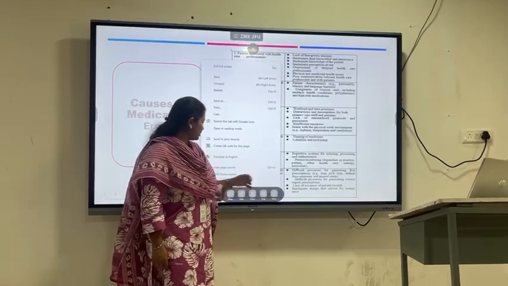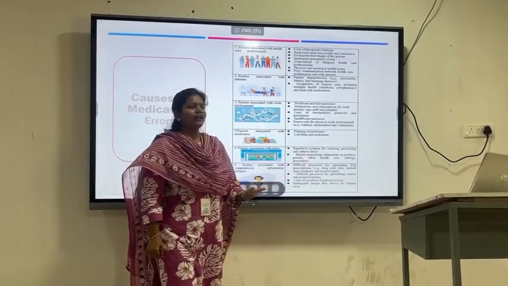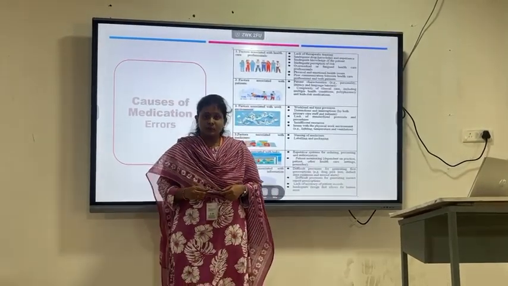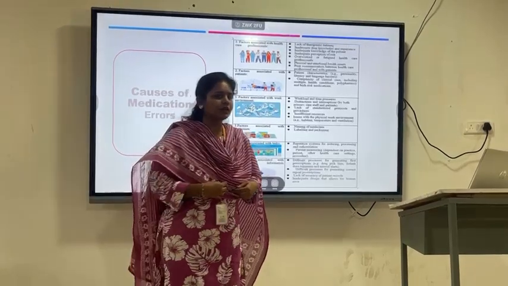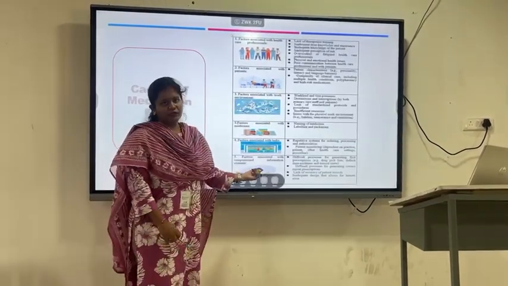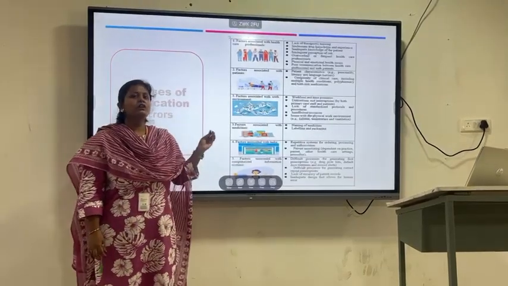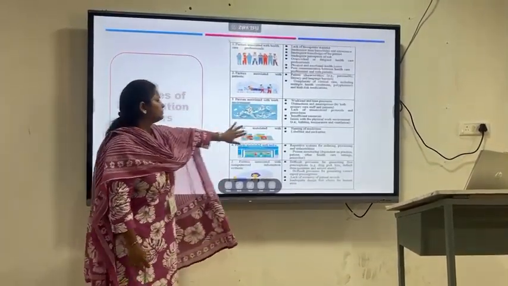Factors associated with computerized information systems are improper maintenance of electronic medication records or lab investigations, leading to lack of proper information. So these are all factors associated with causing major medication errors in a hospital organization.